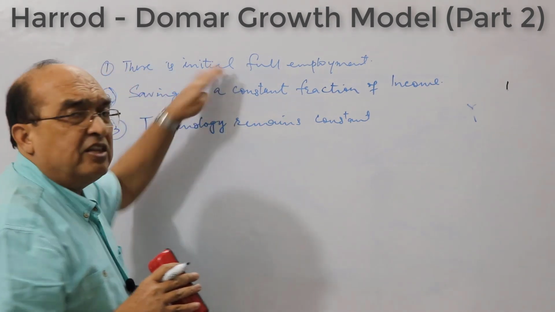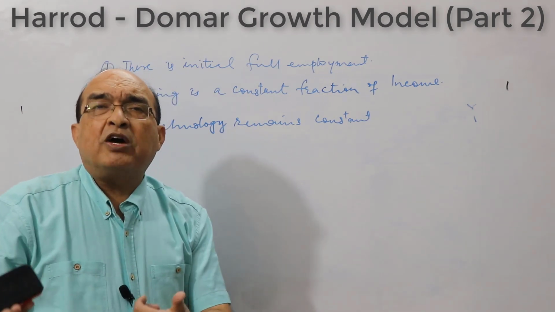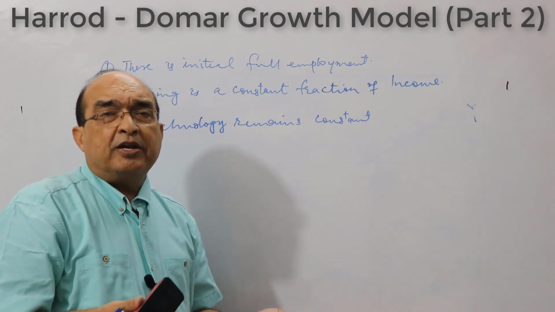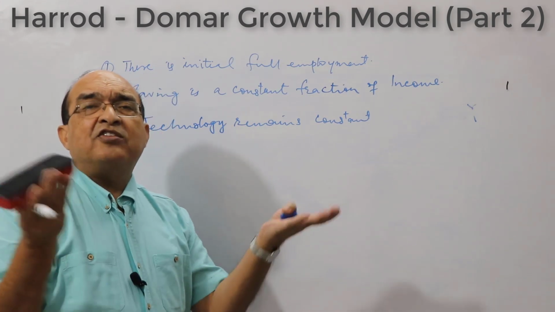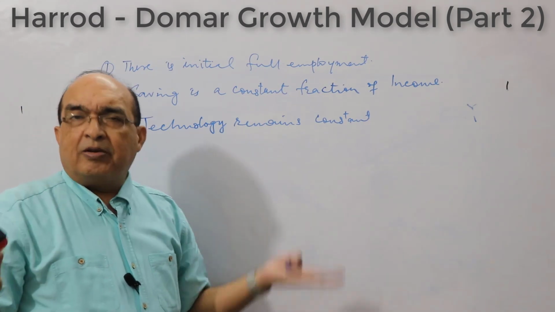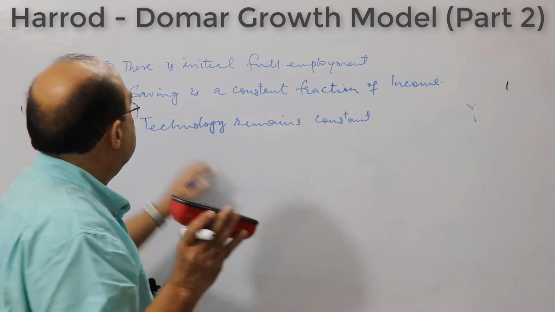You begin with the full employment equilibrium so as to see what the requirement will be further, because if the economy is already in disequilibrium, then it will be difficult to identify what will happen, because the conclusion of the model is that there will be a problem of stability as far as the equilibrium is concerned.